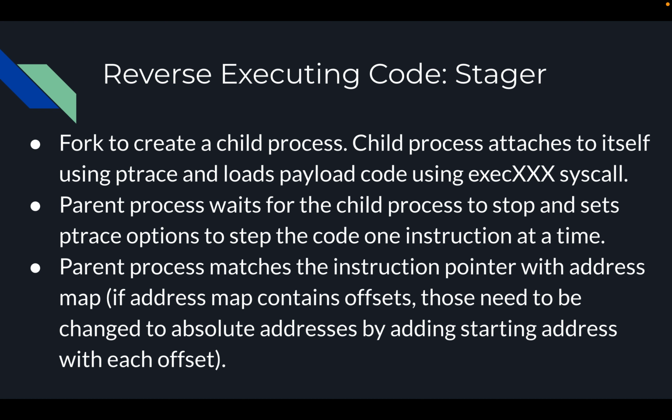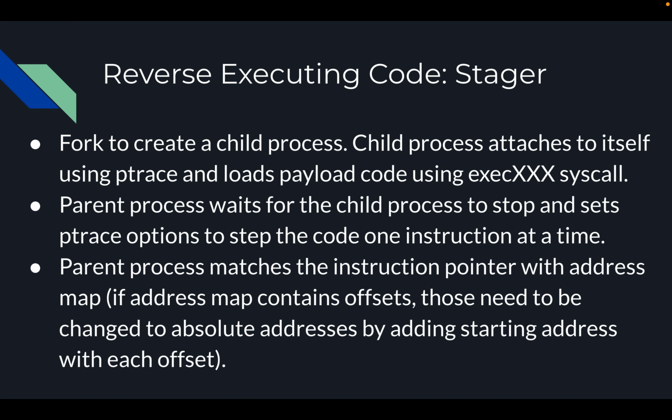Then the parent process waits for the child process to stop, then sets the ptrace option to step the code one instruction at a time. The parent process matches the instruction pointer with the address map. If the address map contains offsets, those need to be changed to absolute addresses by adding a starting address to each offset.